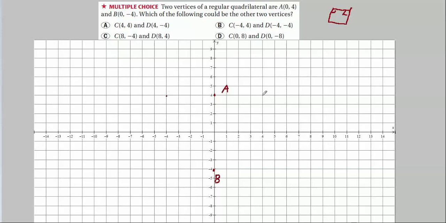Here's the point 4, 4 over here. Right here. Minus 4, 4. That's over here. I don't really see how we're going to connect those up into a quadrilateral.